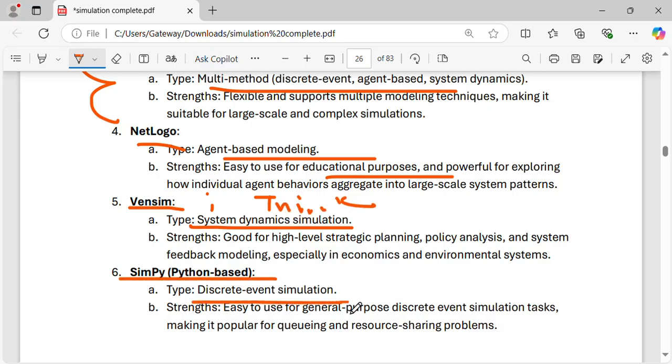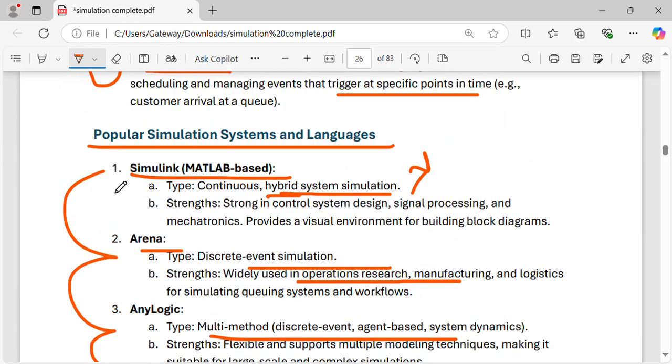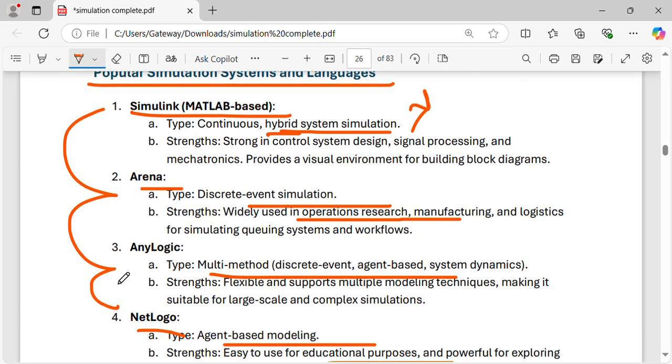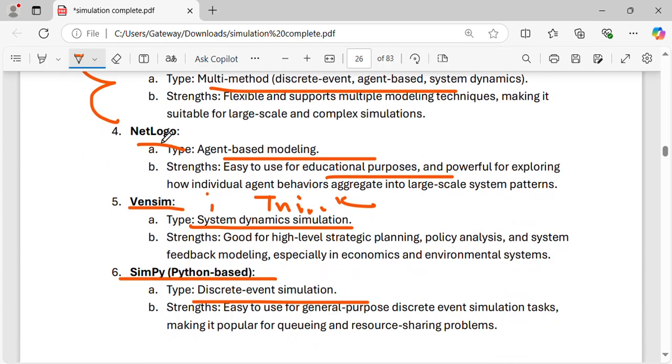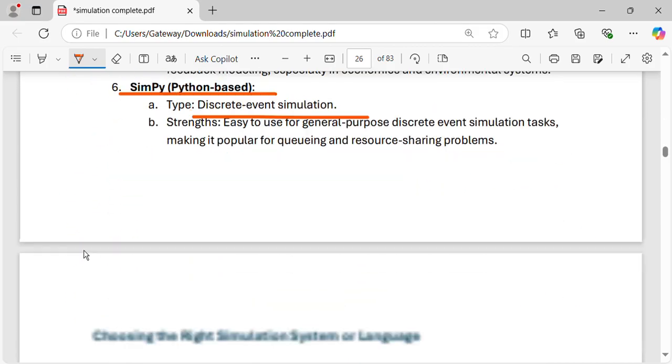SimPy is used for discrete event simulation, right? So Simulink is for continuous, Arena is for discrete, AnyLogic is hybrid, NetLogo is for agent-based, Vensim is for system dynamics simulation, and SimPy is for discrete event simulation. Alright, so you can write them down.